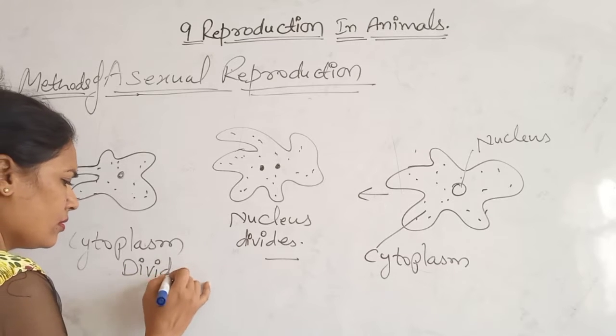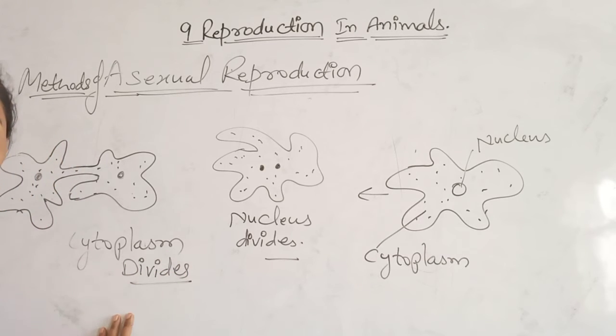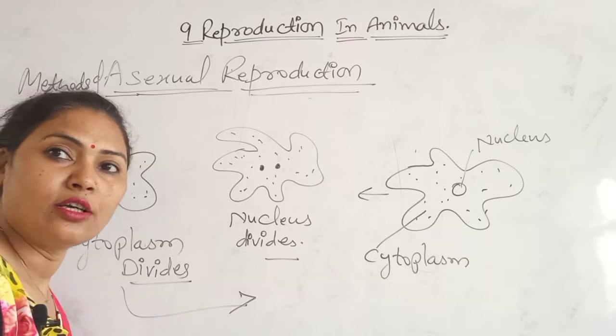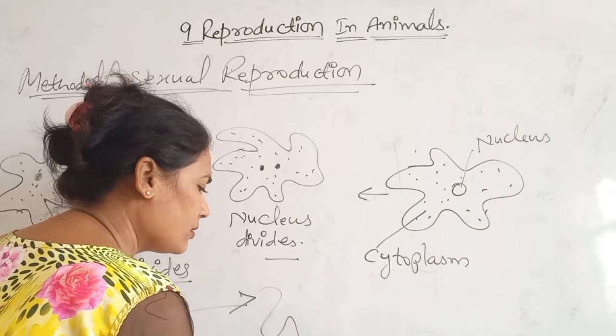Okay. After that what will happen, two daughter nuclei are formed, like that, two daughter nuclei are formed.